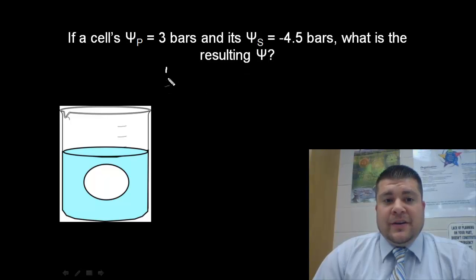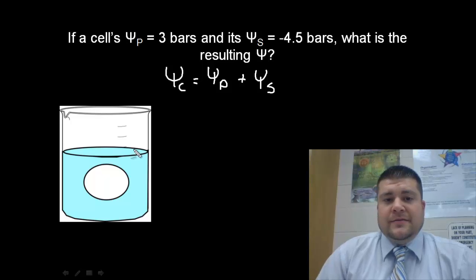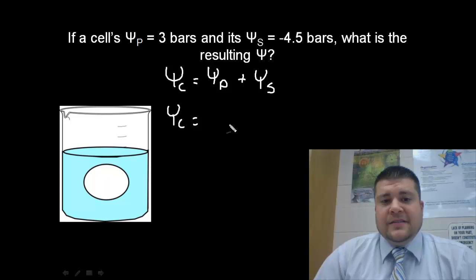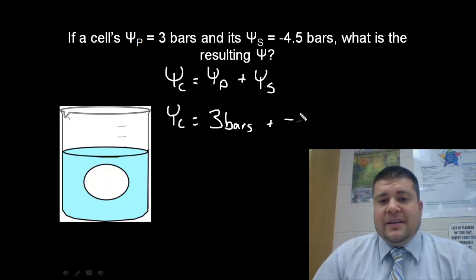Well, I need to know the equation: psi, and I'm going to say this is for the cell, is going to be equal to psi p plus psi s. So I still need to find out what psi c is, but for this problem I have psi p as being 3 bars and psi s being negative 4.5 bars.